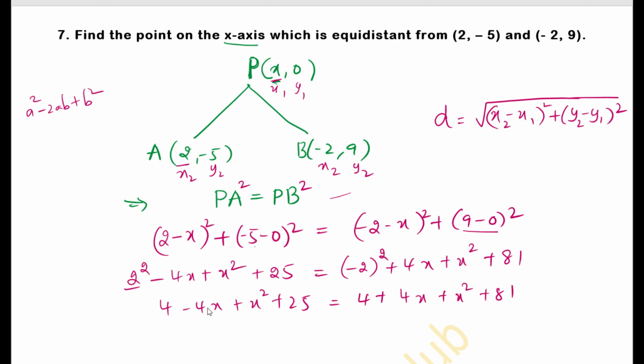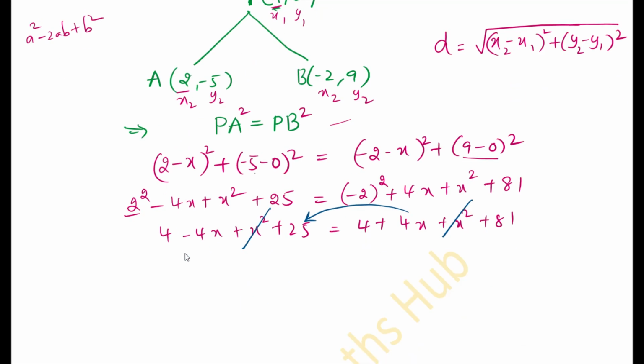Students, what you can do, the same terms on LHS and RHS will cancel out each other. Now shifting all the terms with variable to LHS and all the constants to RHS, that is what we get, 4 plus 25 is 29 minus 4x as it is, which is equal to 4x. 4 plus 81 is 85.